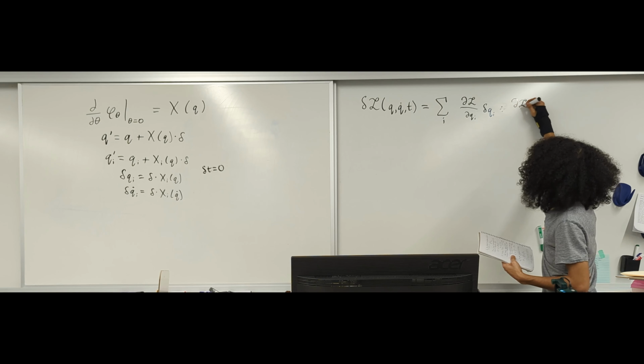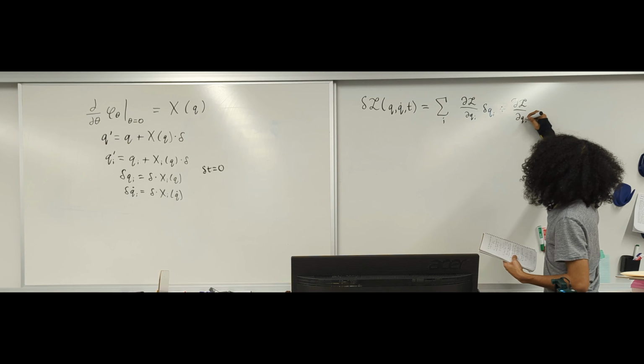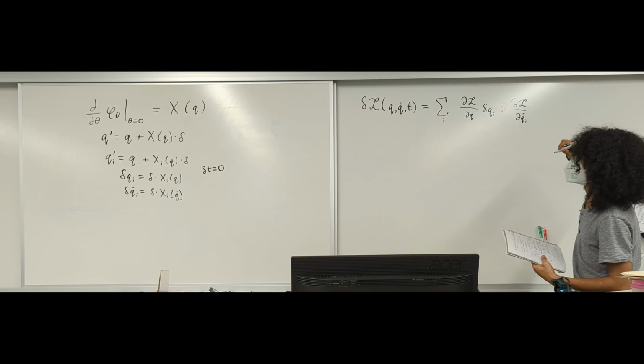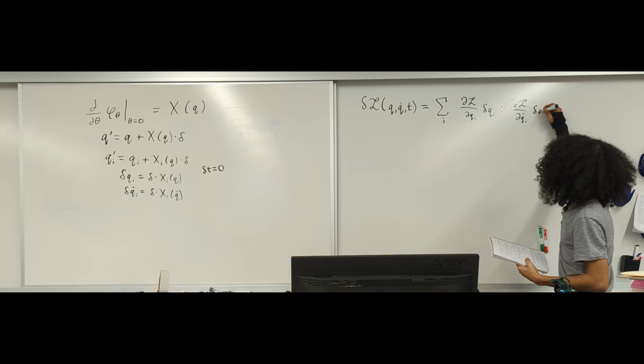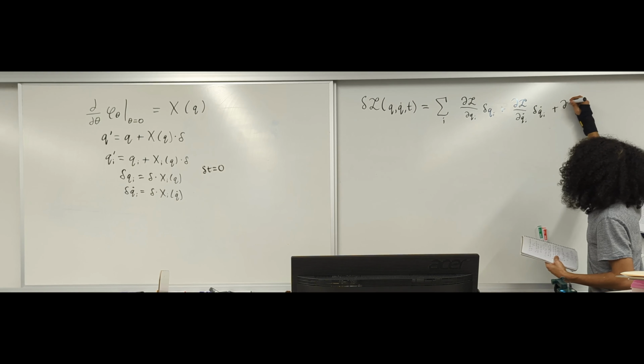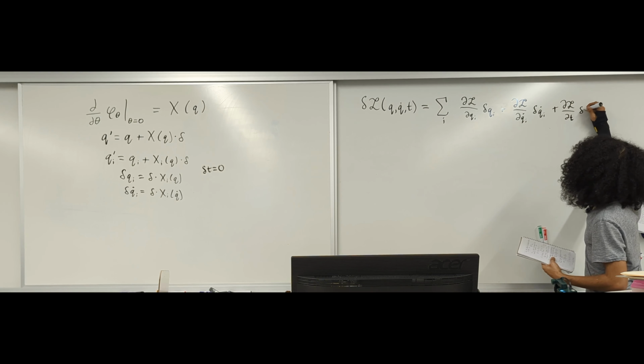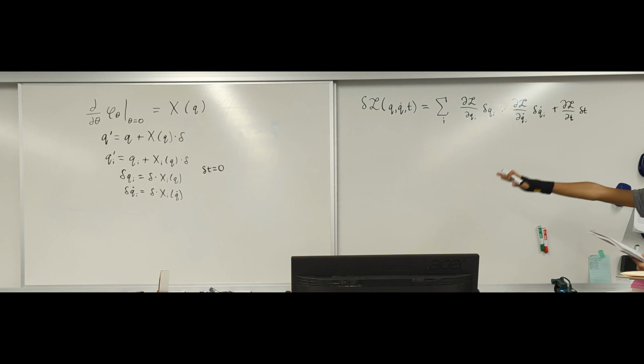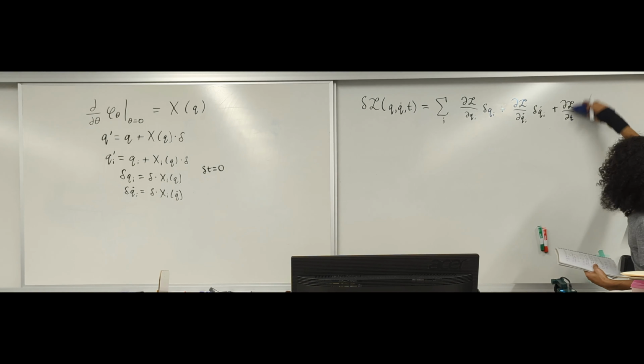So we have to add this term dL by dqi dot times delta qi dot. And then we could also add this term dL by dt times delta t, but we know that this transformation is not changing the time. So this term just goes away.